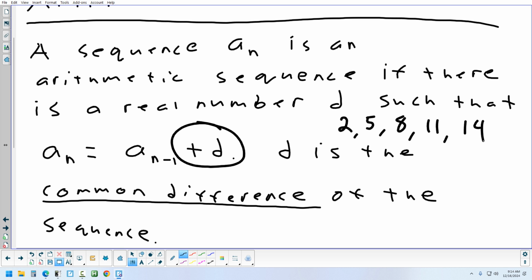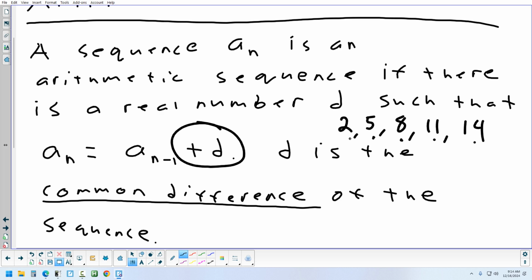What is the pattern there each time? Adding 3. So 3 is what you call the common difference in that sequence. The reason it's called the common difference, what's 14 minus 11? 3. What's 11 minus 8? 3. 8 minus 5? 5 minus 2 is 3.